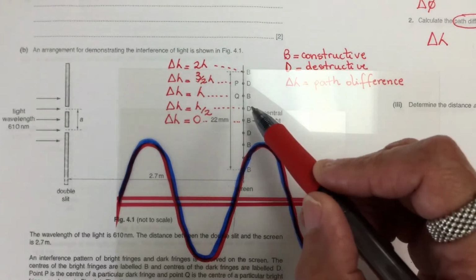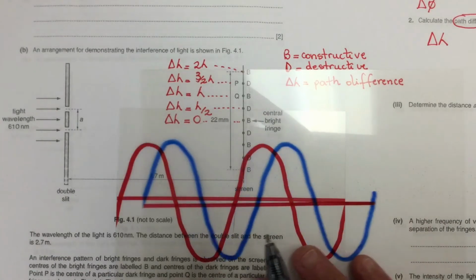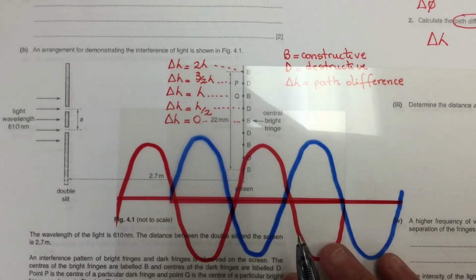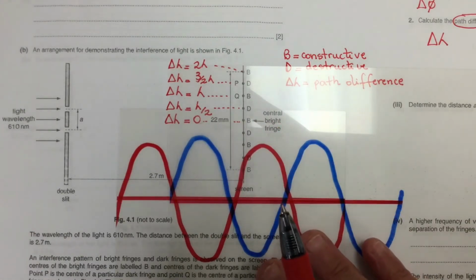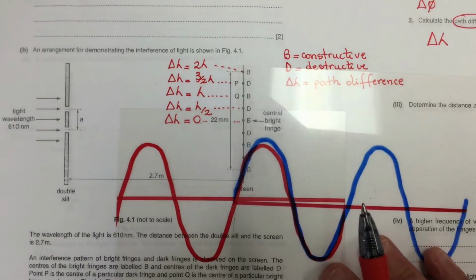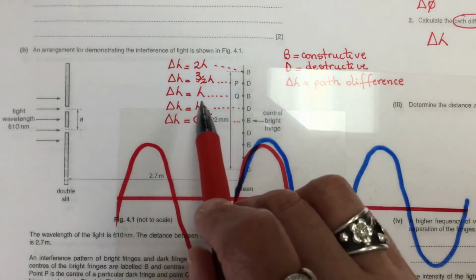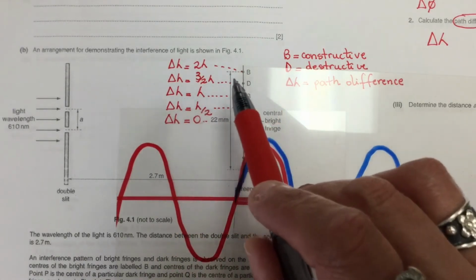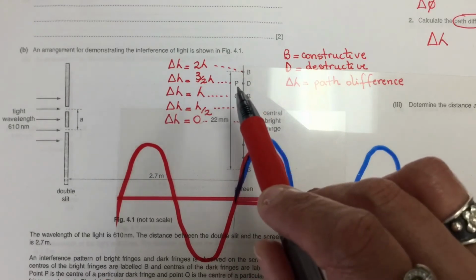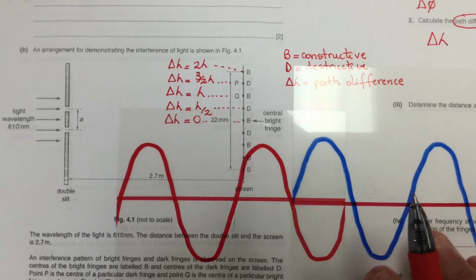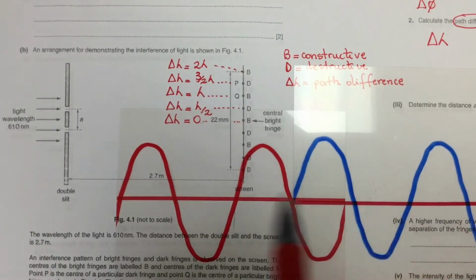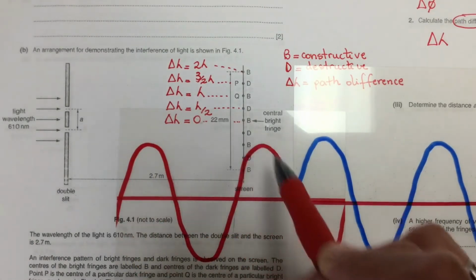Then the next one, for the dark one, we move half of a wavelength. For Q, we move one more, and now we have a complete wavelength. For P, which is the question that we are working on right now, we are going to move one more time, and then the difference between both waves will be 1.5 wavelength.